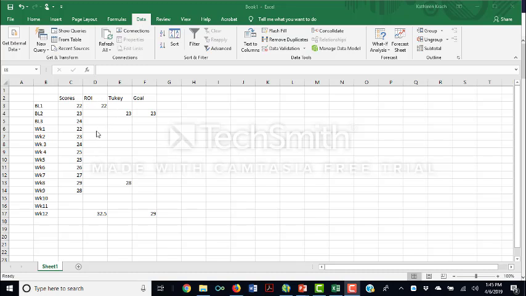So we had 9 weeks of intervention. So 29 minus 22 is 7, divided by 9 weeks of intervention is 0.77. All right. So this is the ROI for this person, 0.77. They're learning less than 1 point per week.